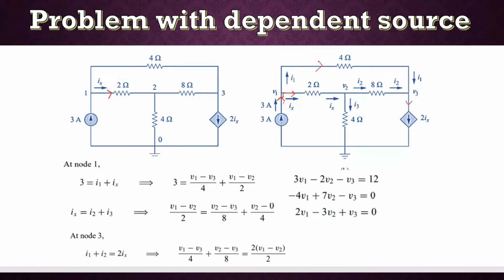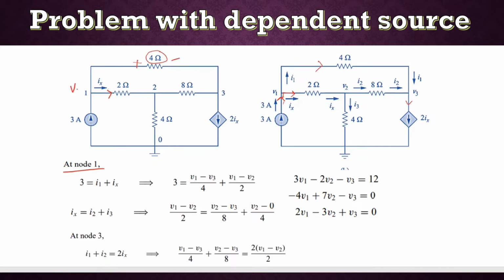Okay. So this is how the current directions are written. And at node 1, if you want to apply the KCL, 3 amperes is divided into I1 plus Ix. So 3 is equal to I1, which is the potential difference across this 4 ohms resistance divided by the resistance.